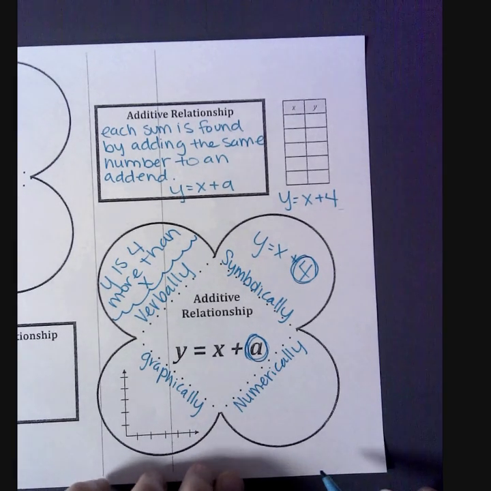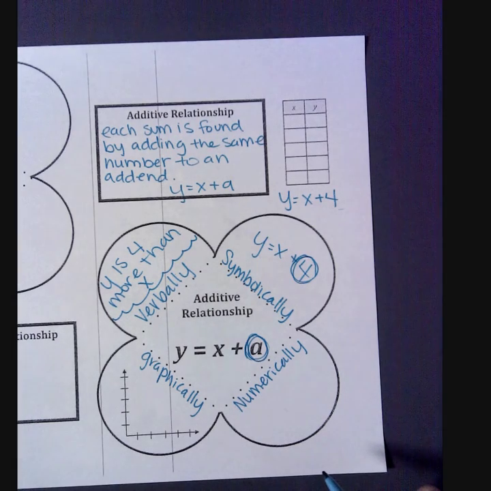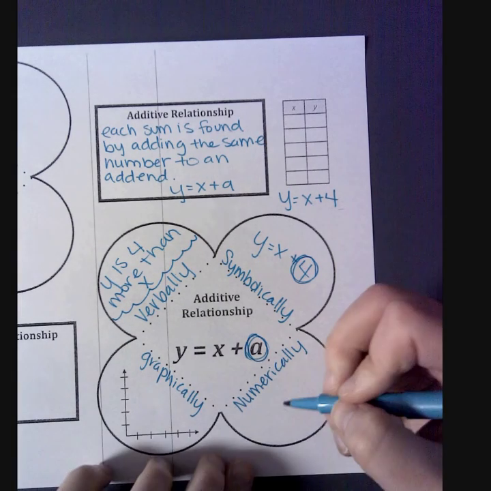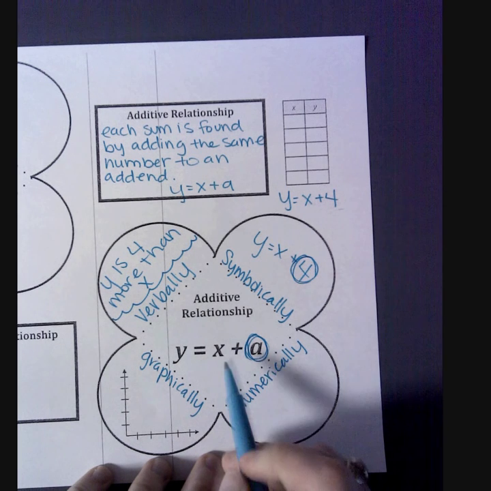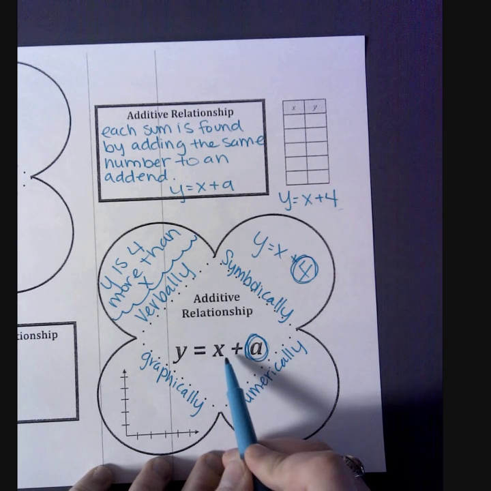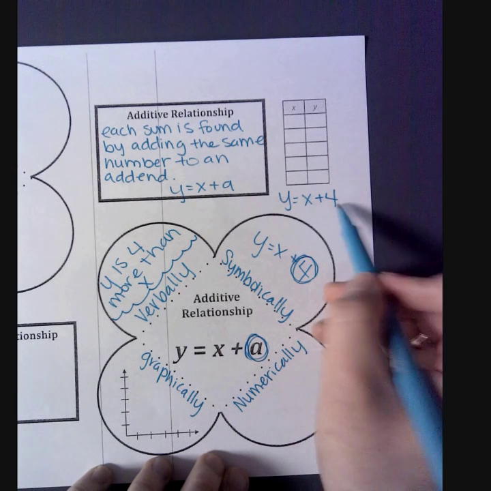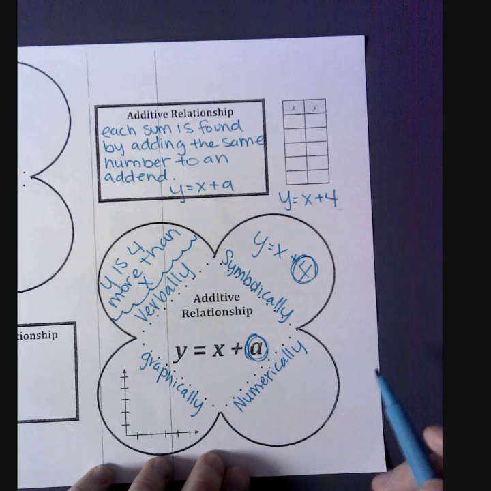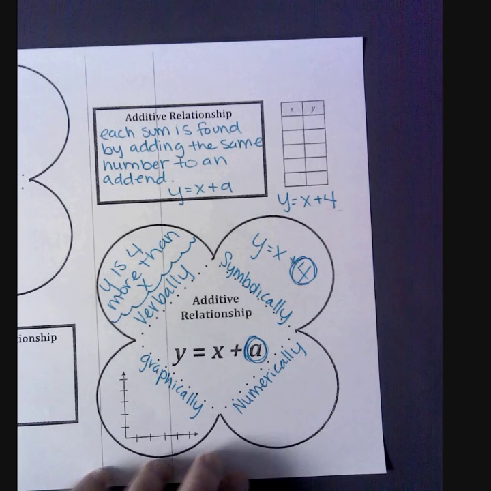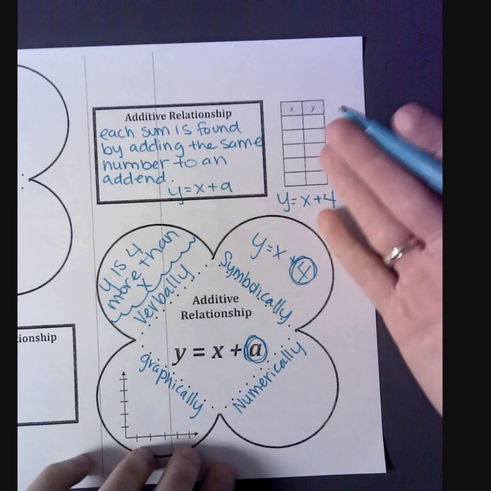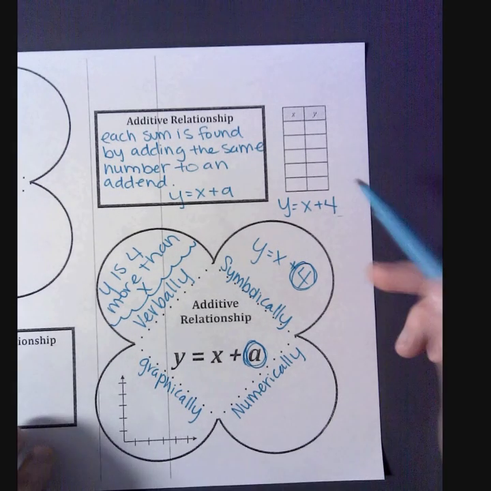Okay, the next part is numerically. So numerically, what are we talking about? A number form. What do we mean? So let's take a look at this. In the case that we have x plus 4, it could be anything. So we probably need to look at our table, and we need to go ahead and fill that part out.